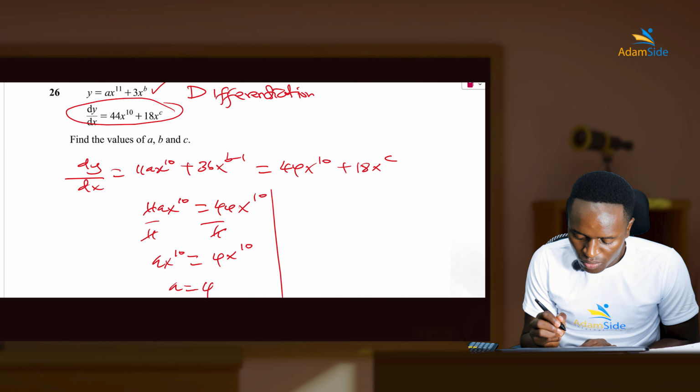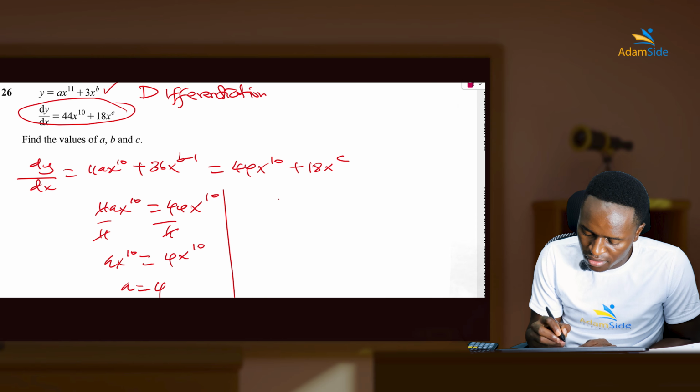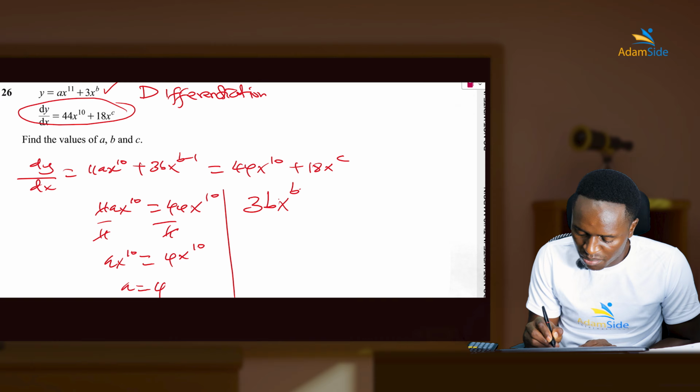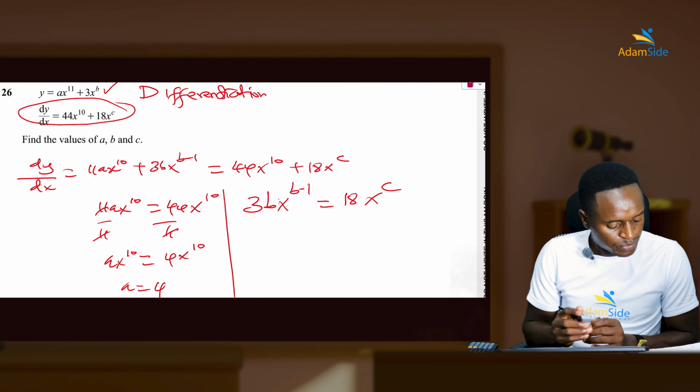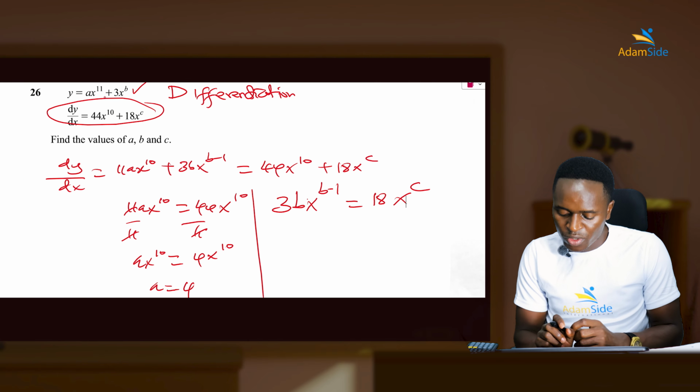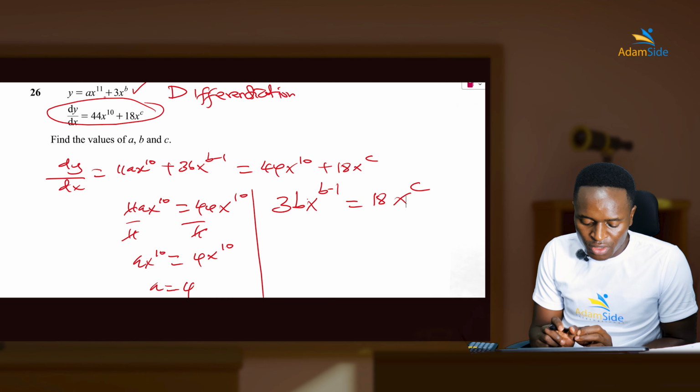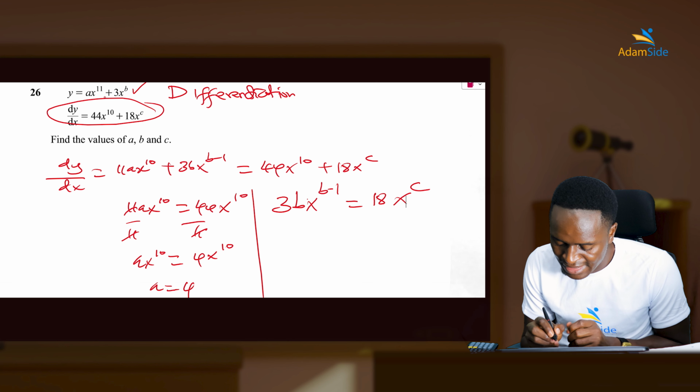And then we go to b. We have 3b x to the power b minus 1 is equal to 18x to the power c. Now, we know for sure one thing here: 3b is equal to 18.